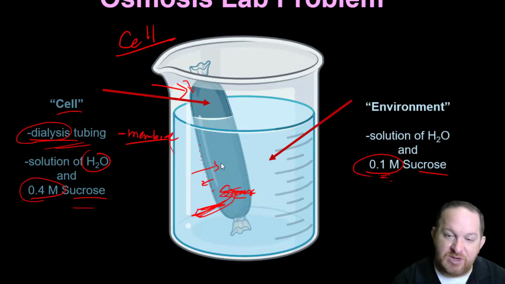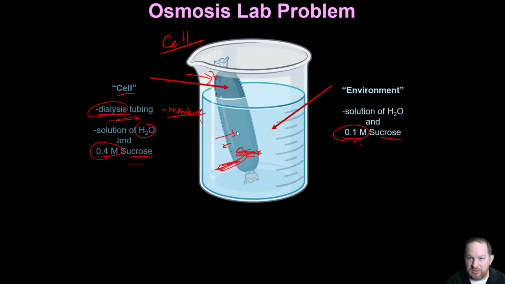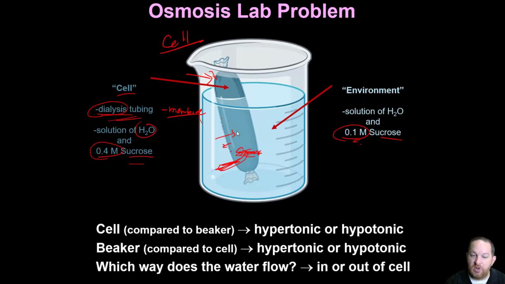So let's predict. What direction is the water going to move? To do that, we need to define the environment and we need to define the cell. So the cell, when compared to the beaker, is that hypertonic or hypotonic? What do you think? Hyper, right?